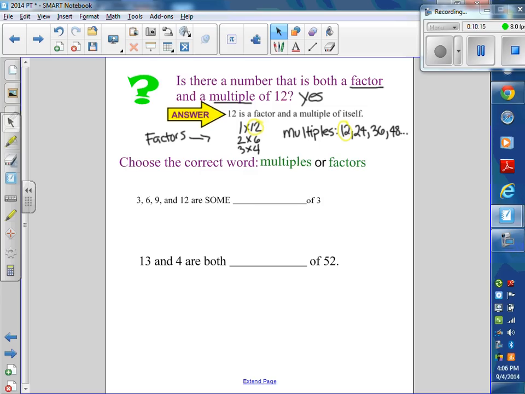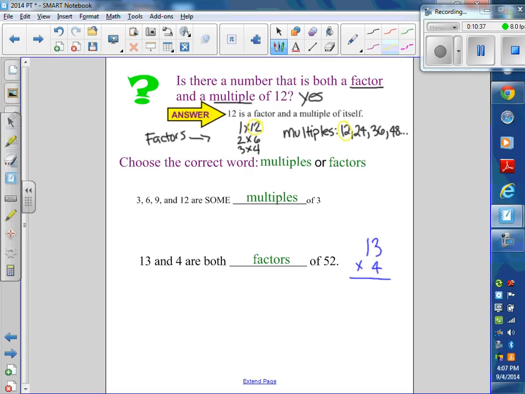Hopefully you guessed right. 3, 6, 9, and 12 are some multiples of 3. 13 and 4 are both factors of 52, because 13 times 4 is a factor pair of 52.